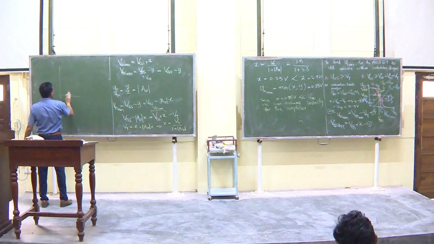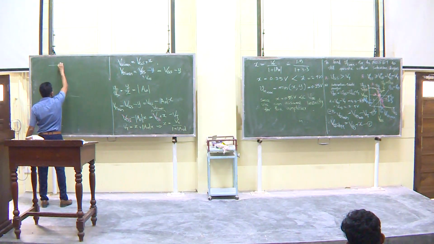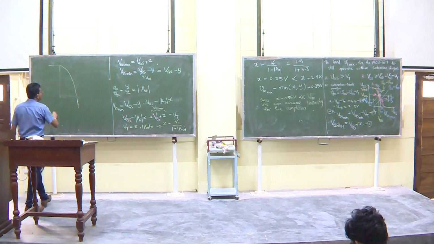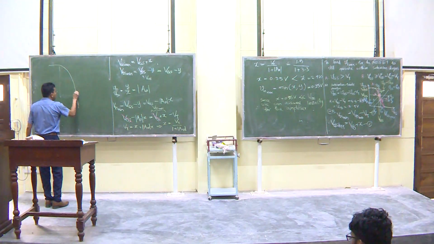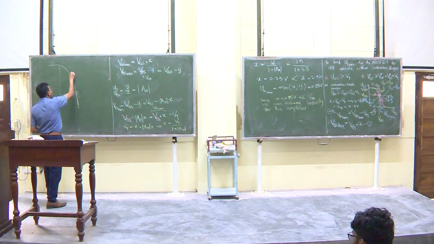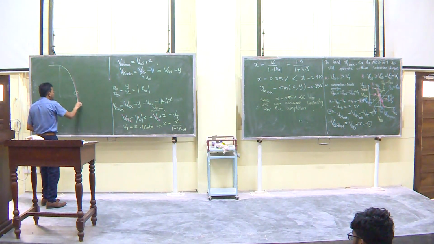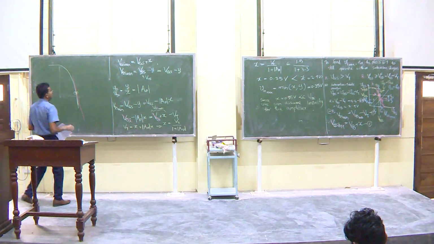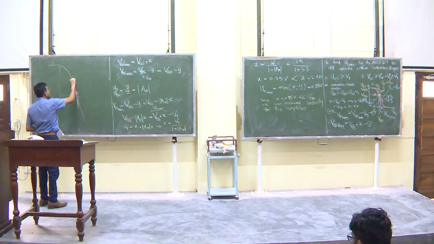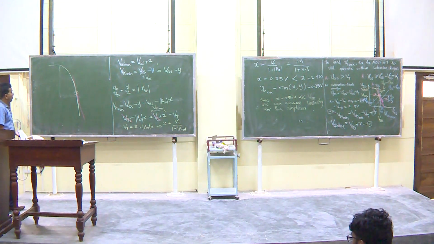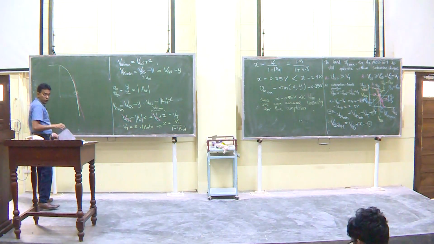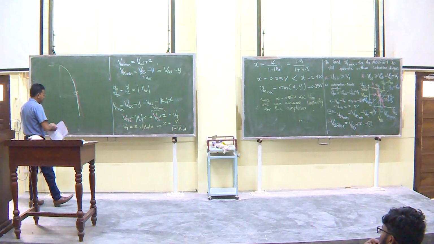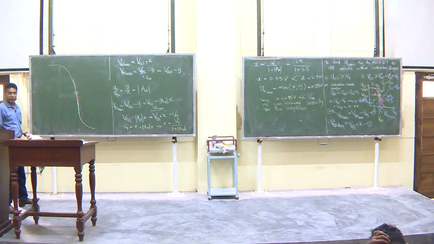So what you will have is something like this. So let's have a look at this closely. This is the Q point, and my straight line goes like this. Right, so this is my straight line. This passes through my Q point. So if I move along this, and after that this will come like that, right?